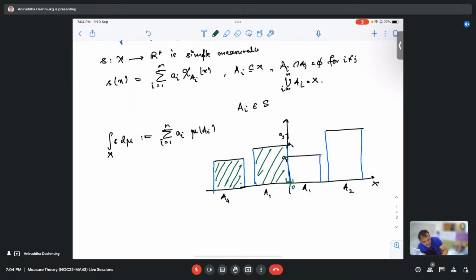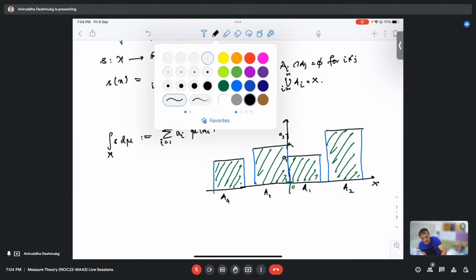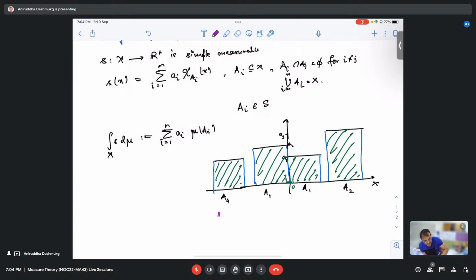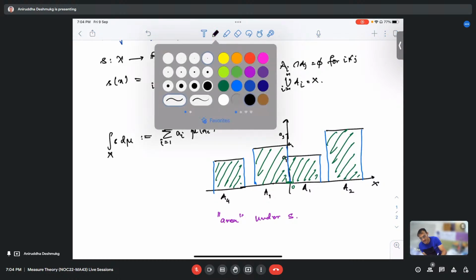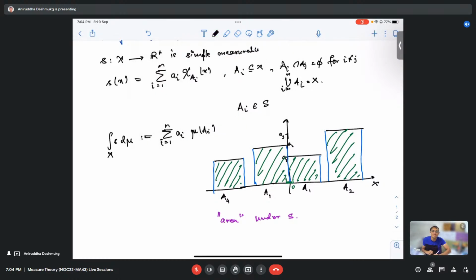So let us look at the area of these rectangles and add them up. That is going to be the area under, well, let me not call it area in the sense that I'm just calling it area under s. And that is quite intuitive, because in Riemann integration, the whole motivation of defining the Riemann integral was to get the area under curves of continuous functions.